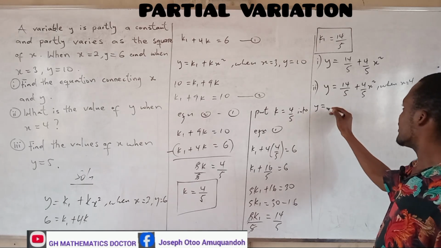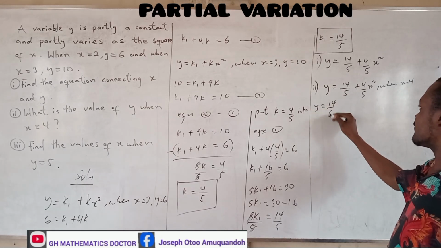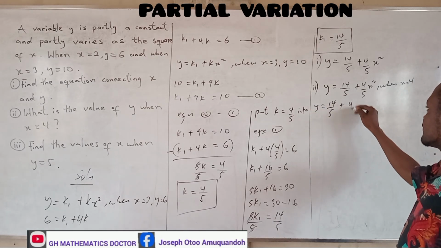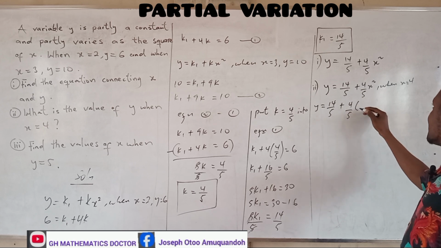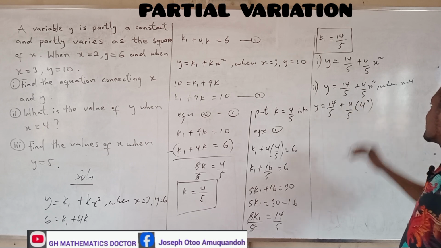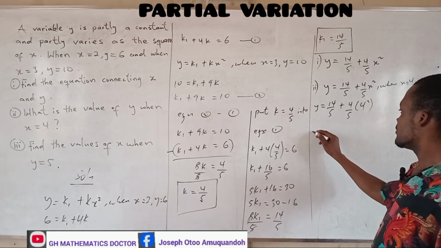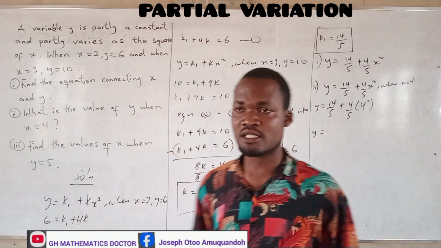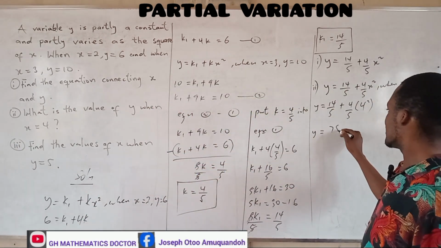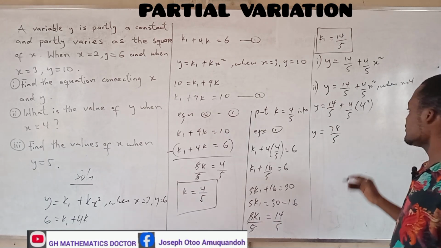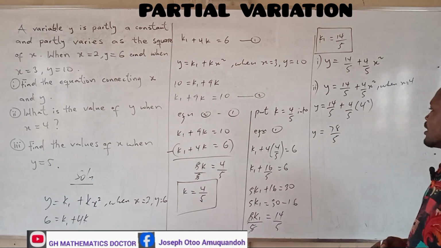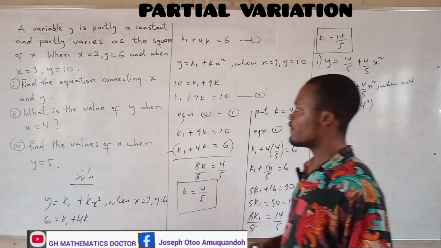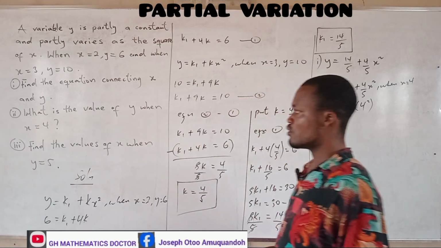So we have y equal to 14 over 5 plus 4 over 5 multiplying 4 squared. Use a calculator, you punch for the result, you are going to get 78 over 5. All right, so that is the answer for y when x is equal to 4.